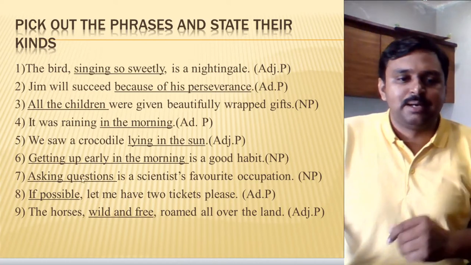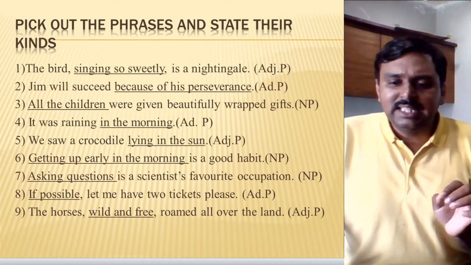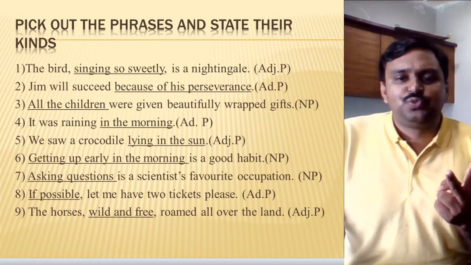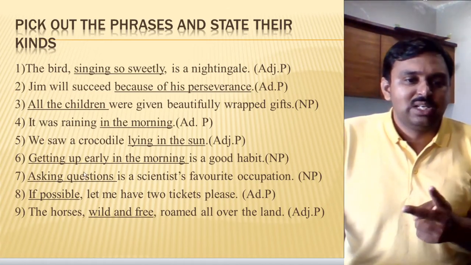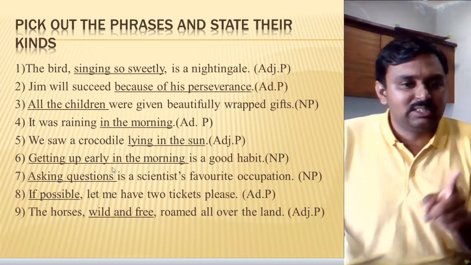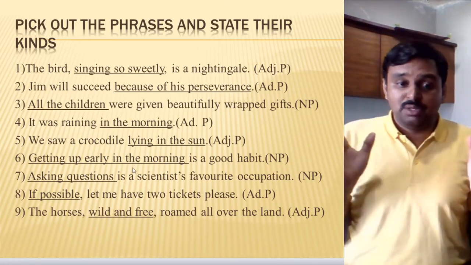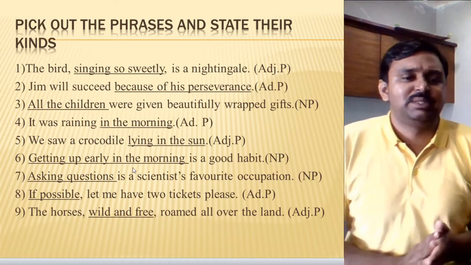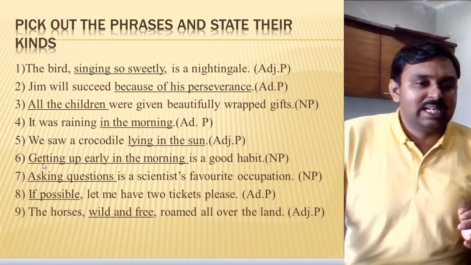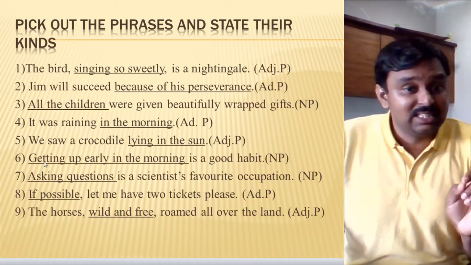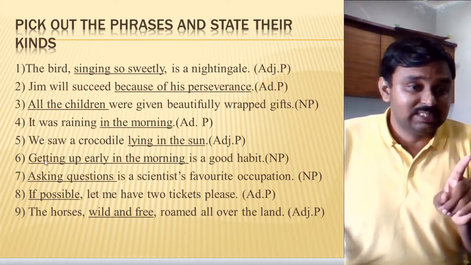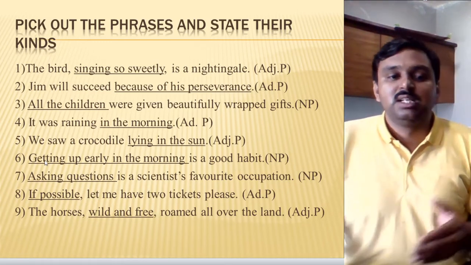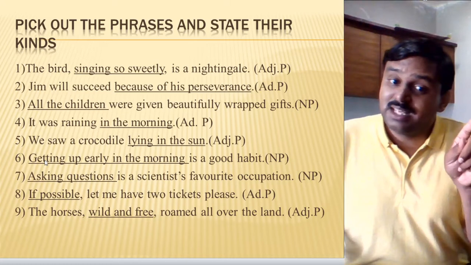Look at the sixth example. The sixth example is talking about another noun phrase as well. There are two phrases if you look carefully: getting up early is one phrase and in the morning is another phrase, but we have joined them together to form one group. Here getting is an ing form, a gerund, but it is working as a noun.